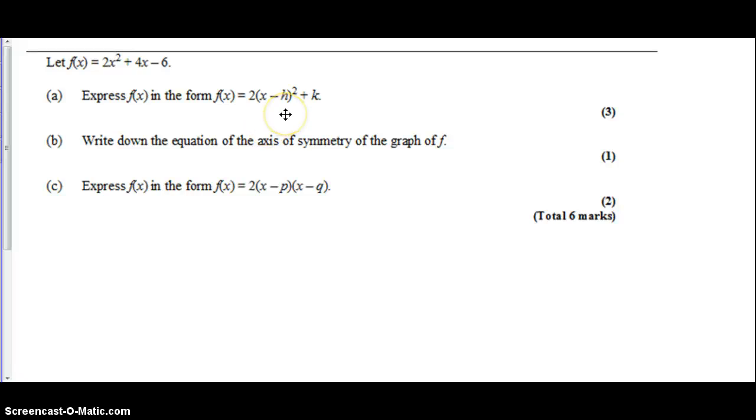Now, it's been a few years since Algebra 2, so remember this is our vertex form. (h, k) is our vertex. So if you start with our first function and we want to get it into vertex form, then we'll need to complete the square.